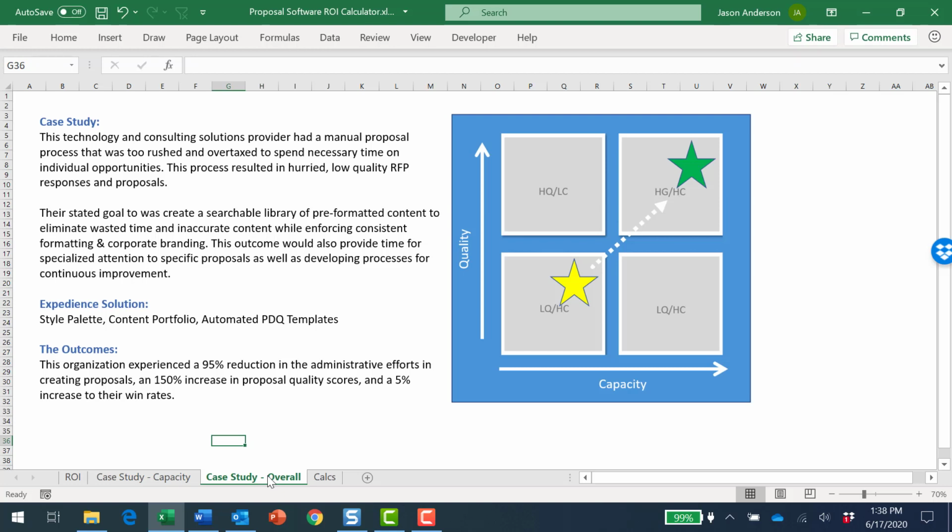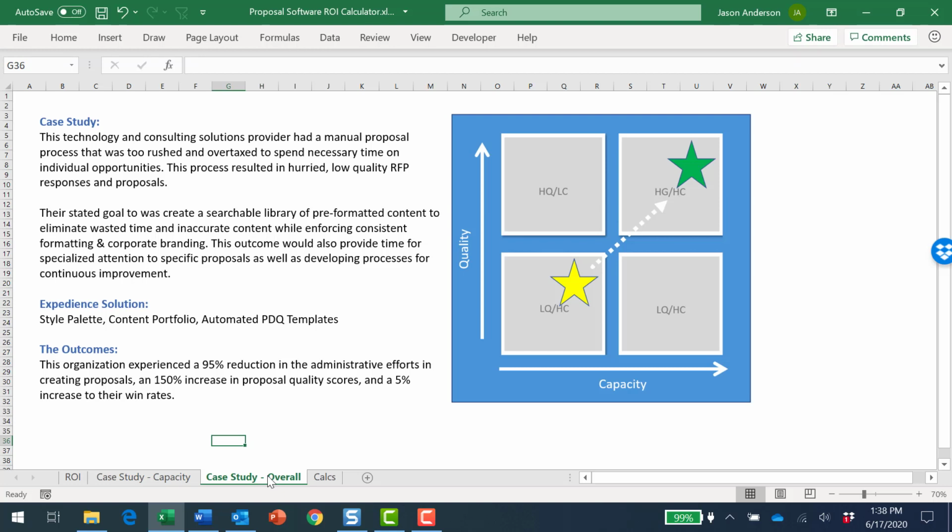First of all, the bulk of their proposals actually weren't that 70-30 between strategic and manual activity, like my little bar chart showed. Their proposals were largely repetitive content, lots of moving parts, but moving parts of repetitive content, that they saw 95% reduction in all of the administrative efforts.